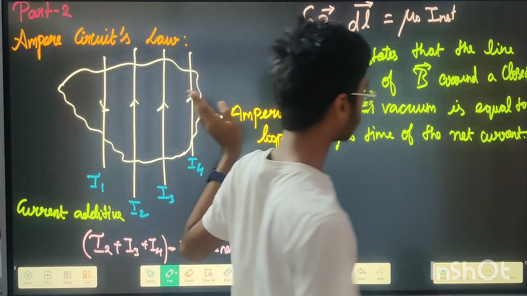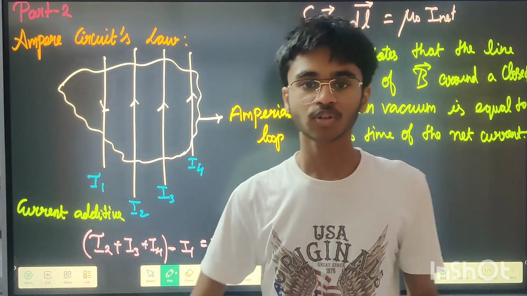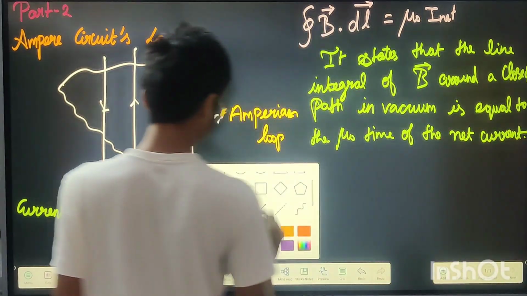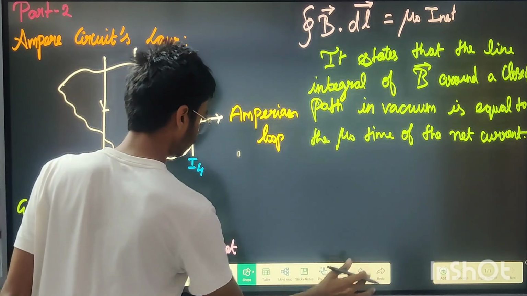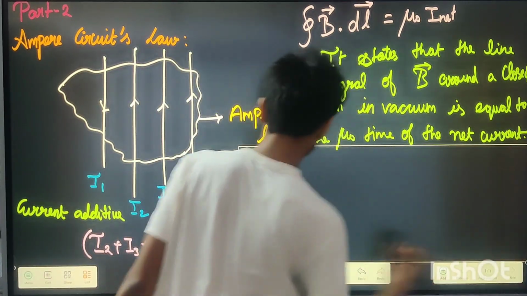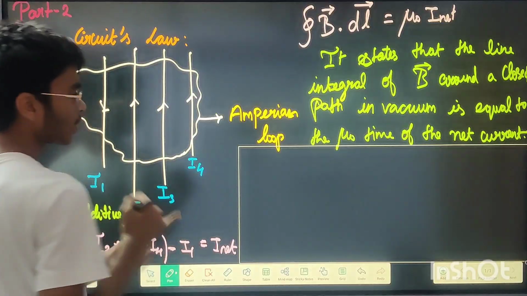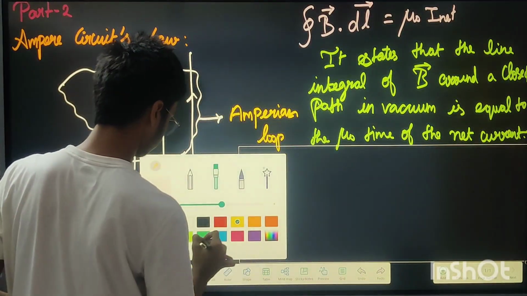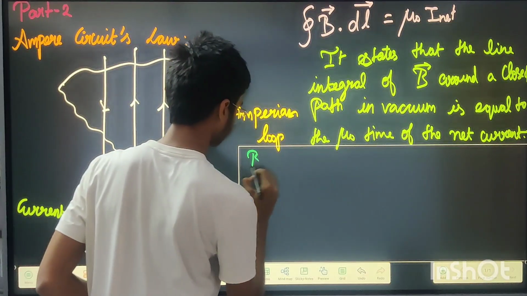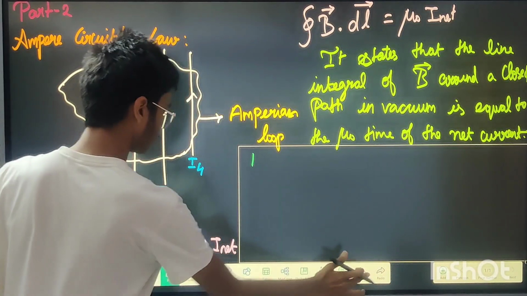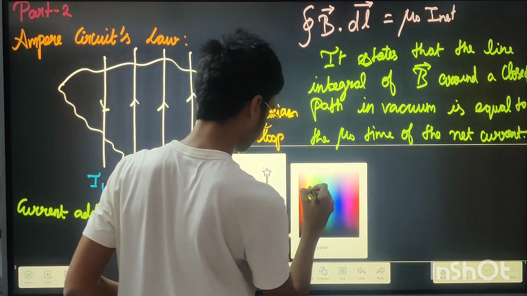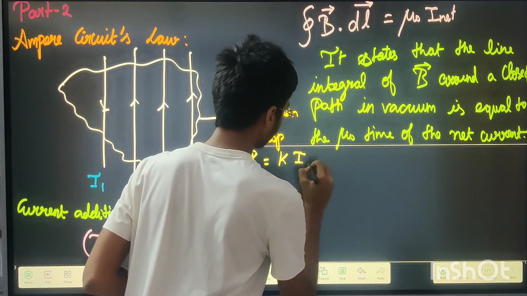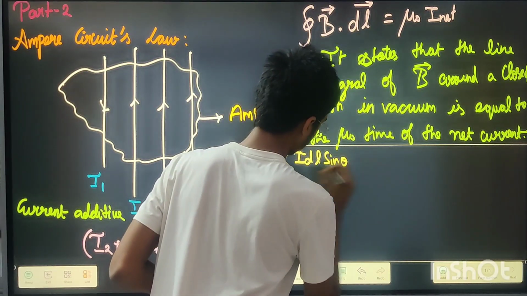So where will you be using this formula, and where will you be using the other formulas? For a straight line we have been given one formula. I'll write it over here itself. The first very basic thing for magnetic field is B equal to K into I dl sin theta whole divided by r square.